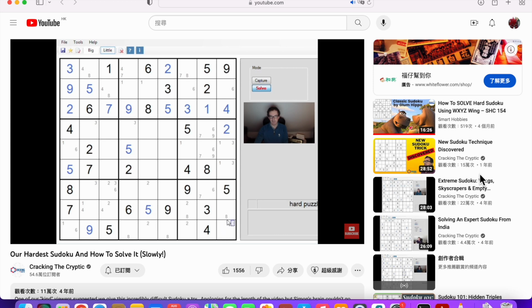So now let's check what this square can be. It can't be a 1, can't be a 2, can't be a 3, 4 or 5, can be a 6, can be a 7, can't be an 8 because of the pencil marked 8s, can't be a 9, so it's a 6 or a 7. Okay, so there is a 6-7 pair now in this 3x3 block.